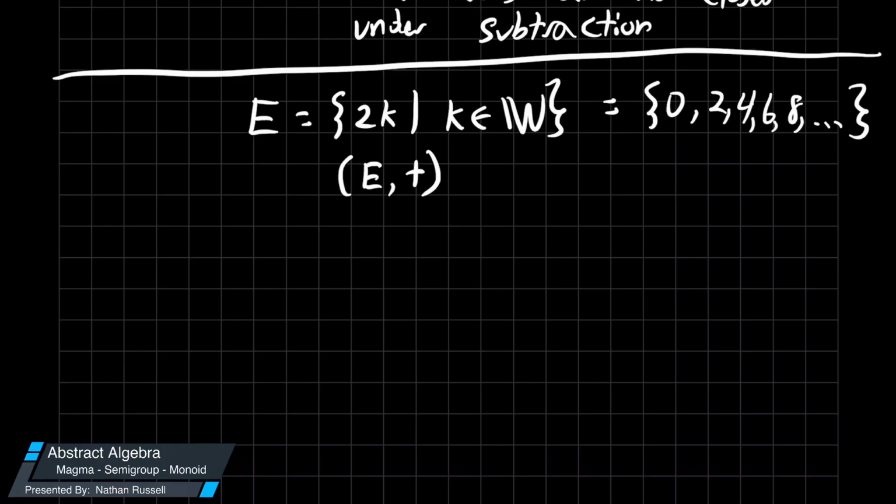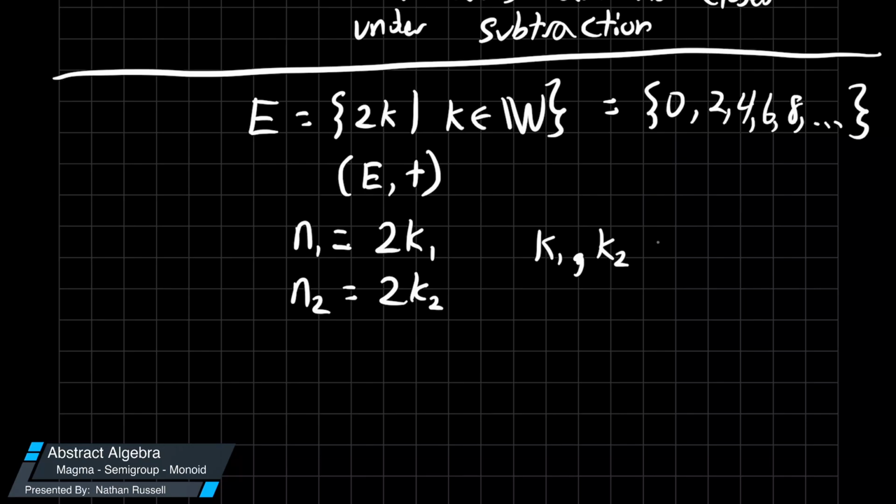Let's suppose that I'm going to pick even number 1, and whatever it is, we're not picking a specific value, but I can define it to be, by definition, 2k sub 1. And then n sub 2 will be 2k sub 2. And we're going to say k1 and k2 are some values in the whole numbers.